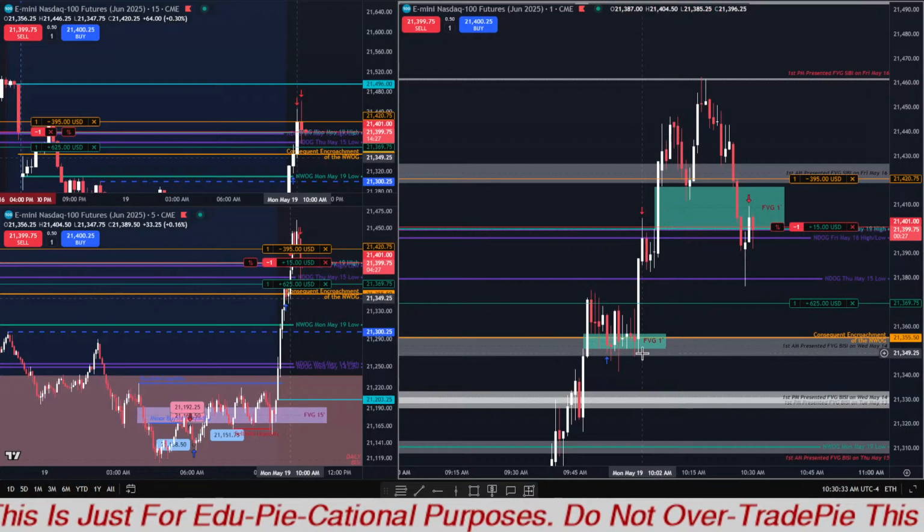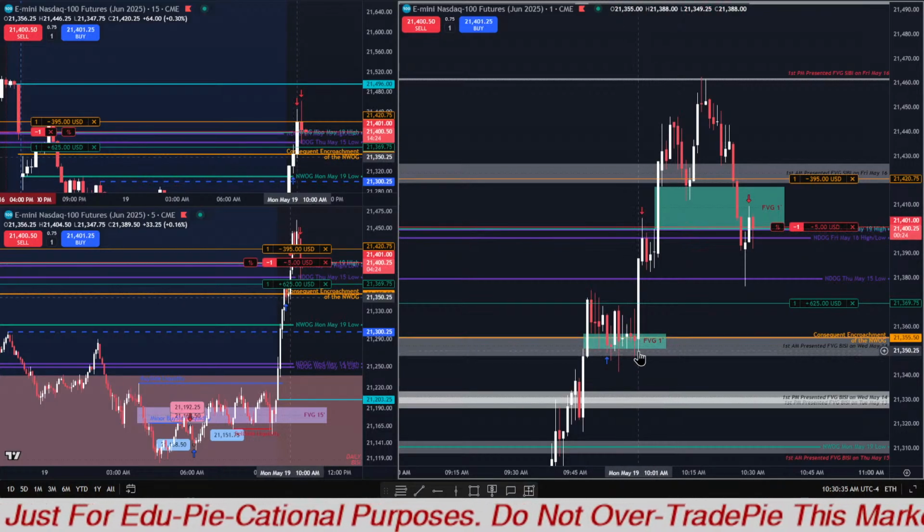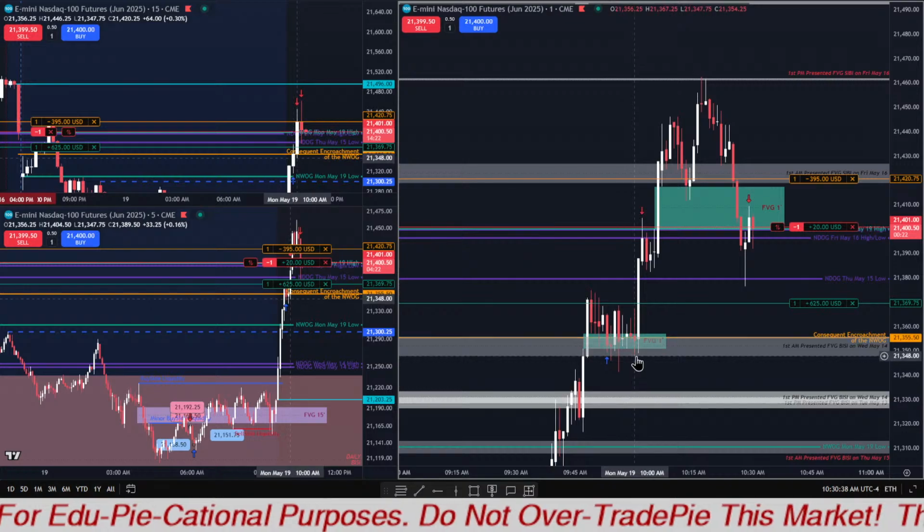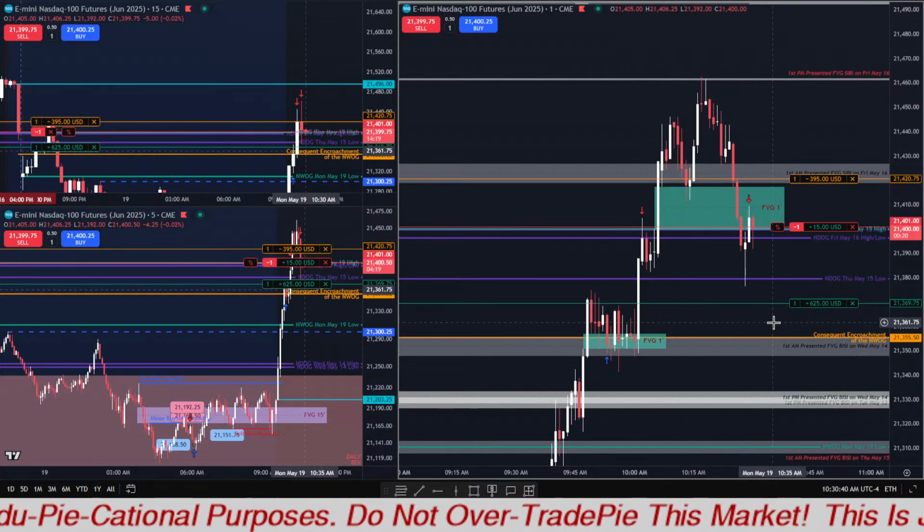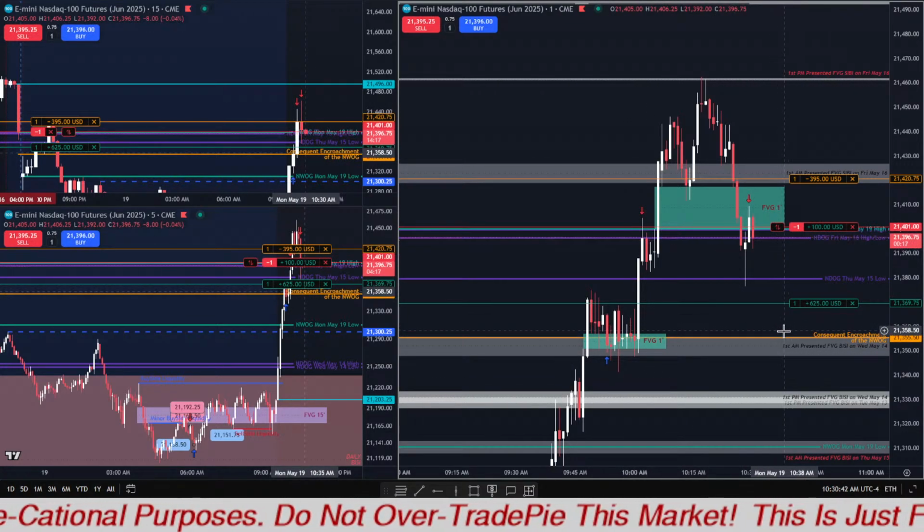The ideal target to me is this relative equal lows over here, as you can see, that is right below the consequent encroachment.